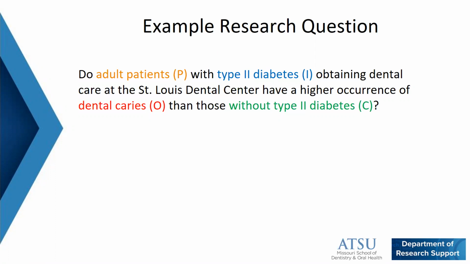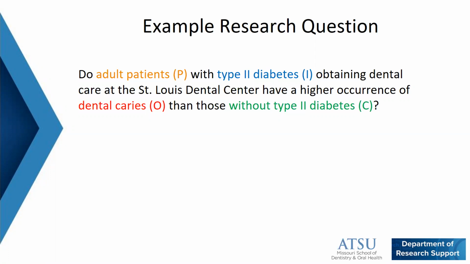So our adult patients, so this is our patient or the population we are interested in studying. Now with type 2 diabetes, now here type 2 diabetes becomes the intervention. It is not an intervention actually which we are giving, but we are comparing the patients with type 2 diabetes to those without type 2 diabetes, which becomes our control group. And the outcome variable here is the dental caries.